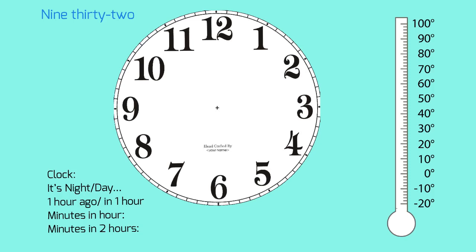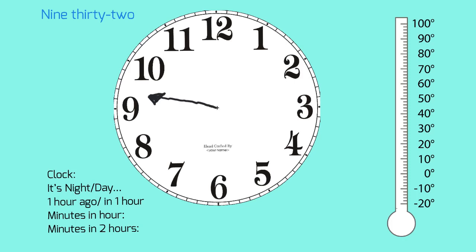Okay, and so we know that is more than halfway past the hour. So when we draw our shorthand towards the 9, we need to make sure it's a little past the 9 because it's not really 9 o'clock anymore. It says it's 9:32, so we're getting closer to 10.